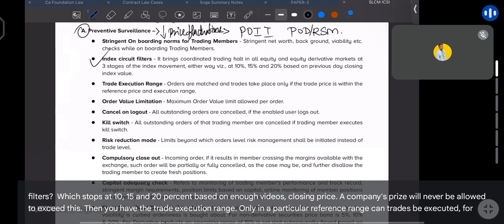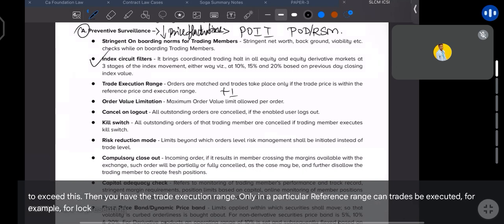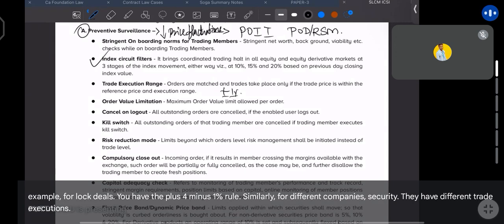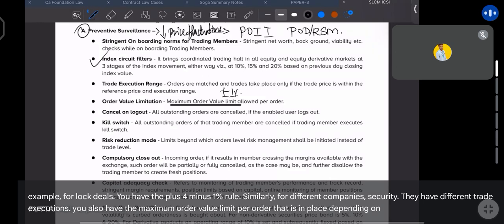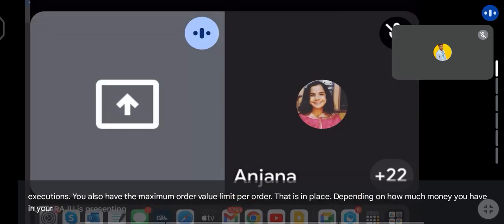For example, for lock deals, you have the plus or minus 1% rule. Similarly, for different company securities, they have different trade execution ranges. You also have the maximum order value limit per order that you can place, depending on how much money you have in your bank account.